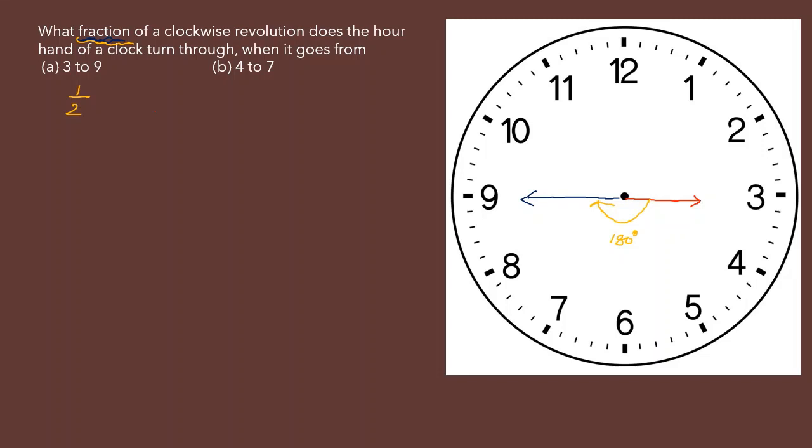Now the second question is 4 to 7. If it is moving from 4 to 7, we are going to take it at 4 and then we'll move it up to 7. You'll be able to do it faster than me. So we are starting from 4 and we are moving up to 7.